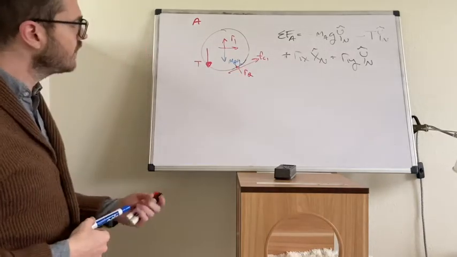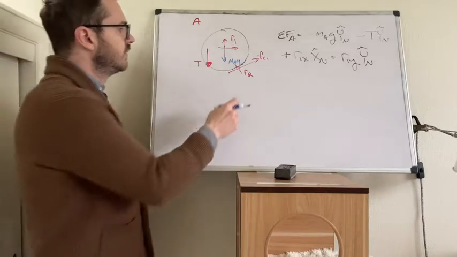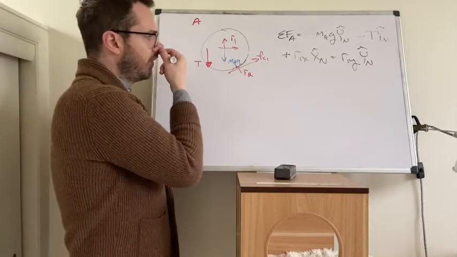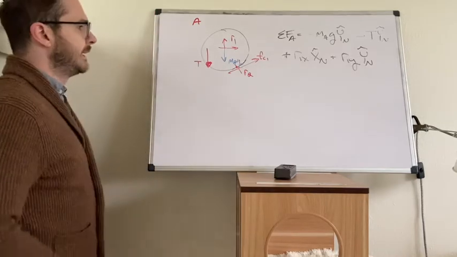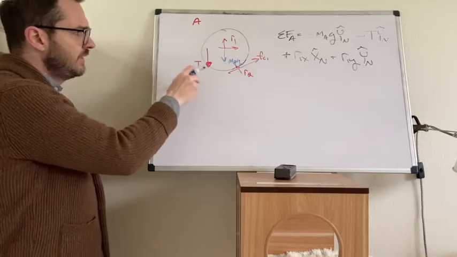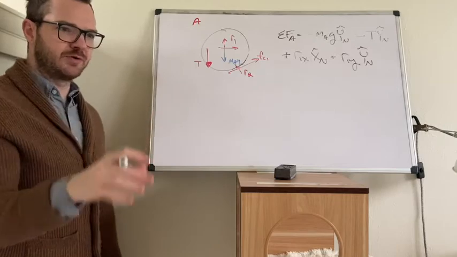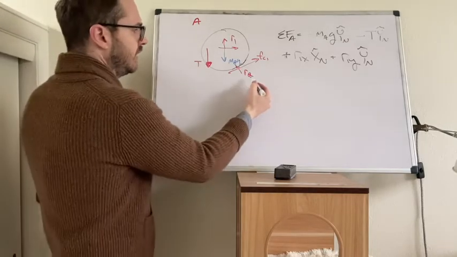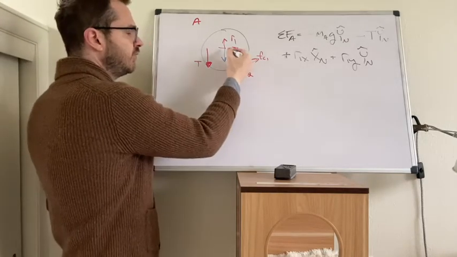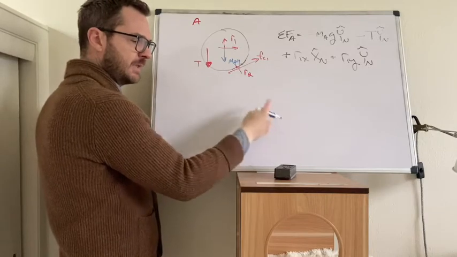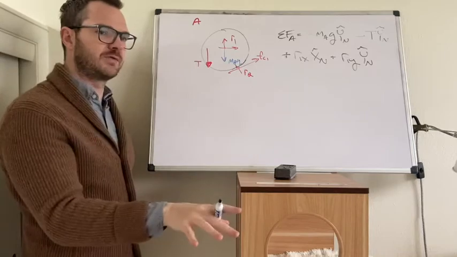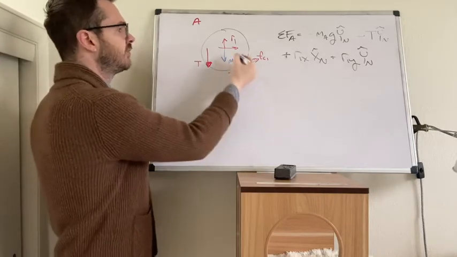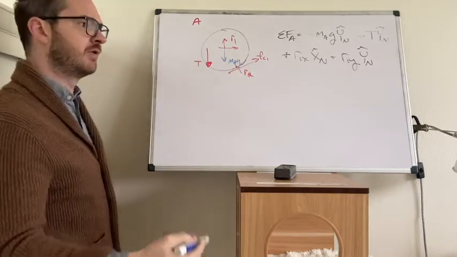Well, we already have symbols written for them. We know that we can go back and we can replace FC1 with something else. The big concern here is working out the directions. R2 is normal between disk A and disk B. Consider that the direction of R2 is always fixed, right? It's a vector pointing from one center of mass to another center of mass.